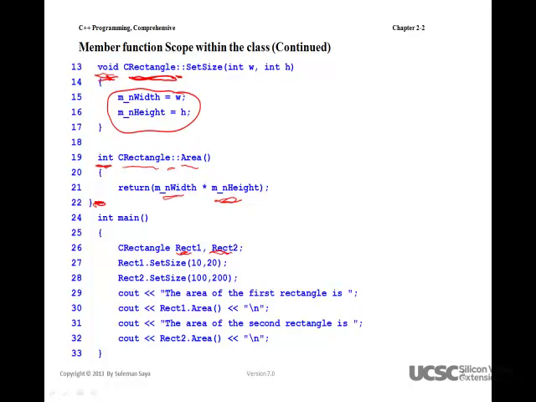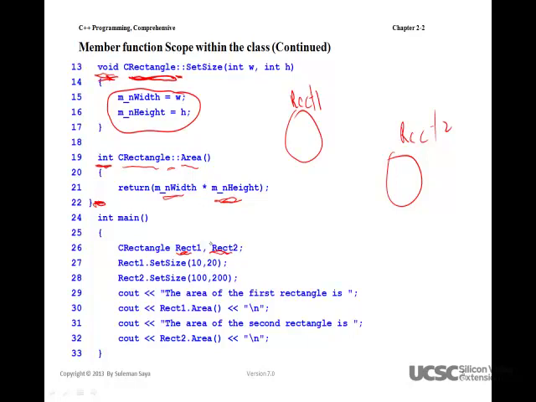Okay, so that means I have these two objects, rec 1 and then rec 2, in the memory. So when I create these at line number 26, these objects, you can also call them two instances of cRectangle.